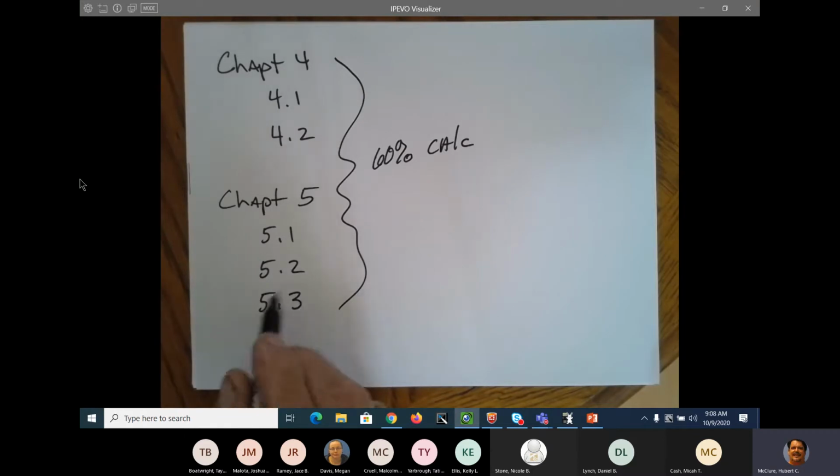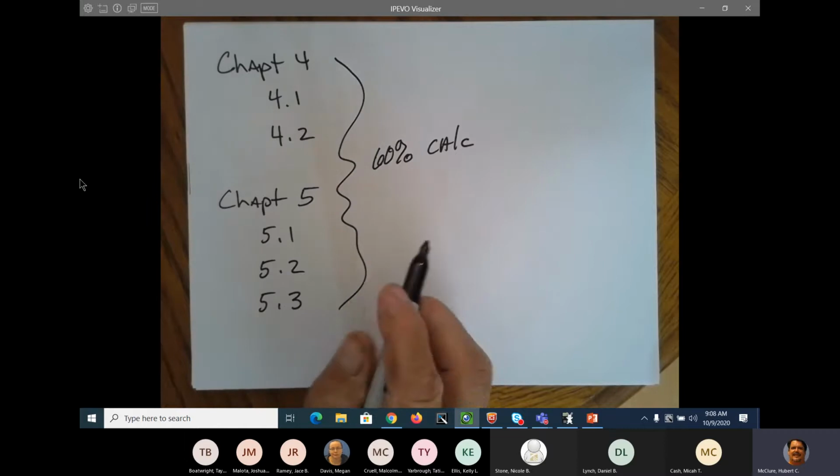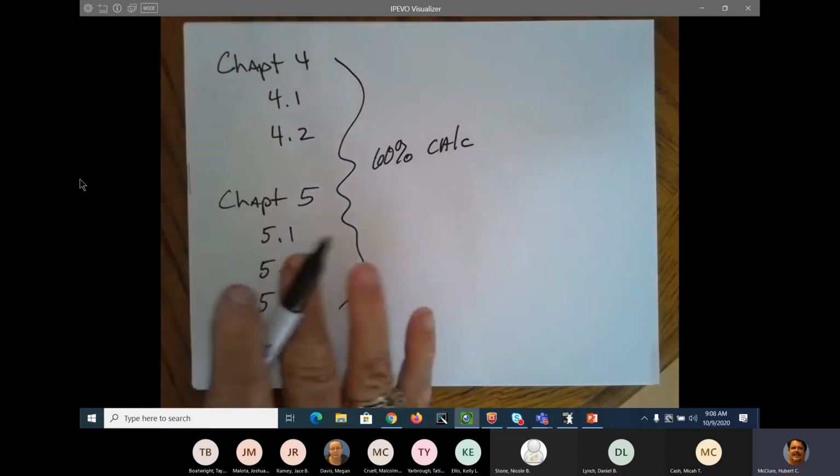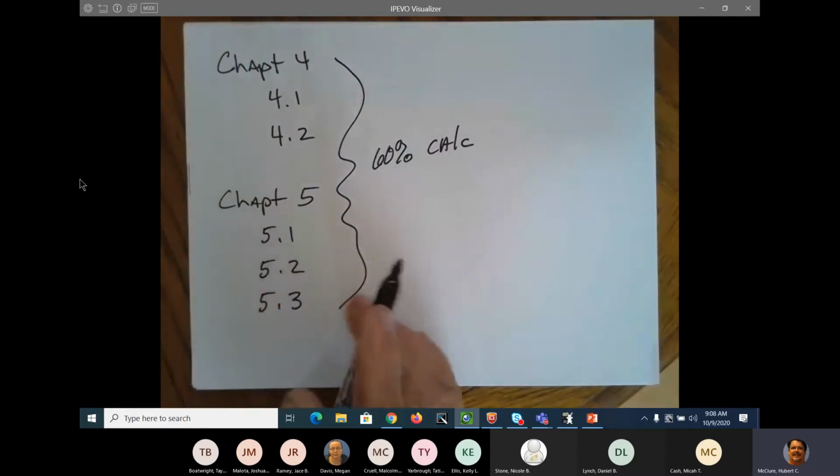Chapter 5, we might do a little bit of algebra, but as far as the two tests, you're talking about 60% calculator. So we're not going to spend a lot of time in class on 4.1 through 5.3 because a lot of it can be done on the calculator.